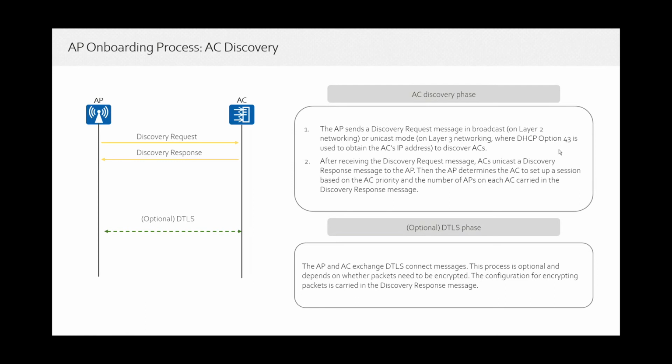It is used to obtain the AC's IP address. The AC's version, name, and IP address are all carried in option 43. So if we use this, we can help the AP find the AC in layer 3 networking.